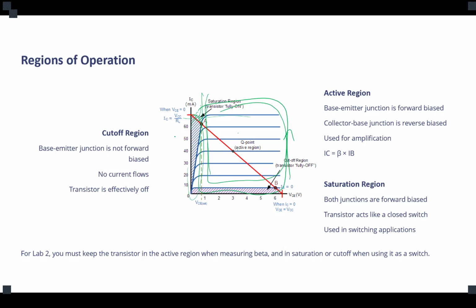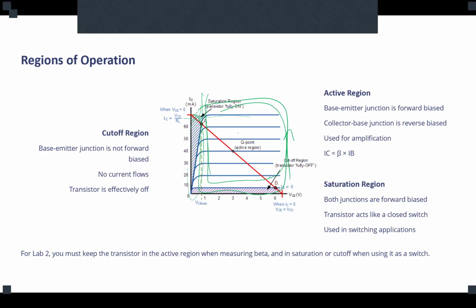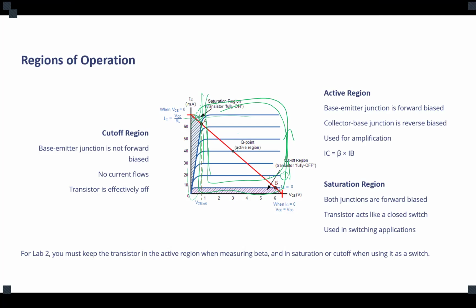Okay? So that gain would not vary outside of your control. In the active mode, for a specific amount of base current, you have a specific amount of collector current, so your gain is constant.